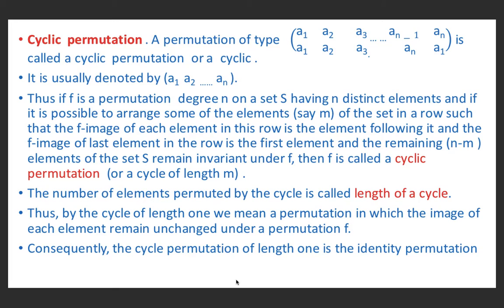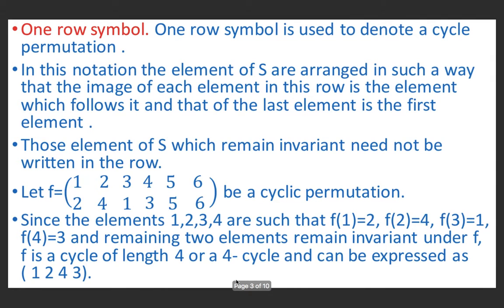The number of elements permuted by the cycle is called the length of the cycle. Thus, by a cycle of length 1, we mean a permutation in which the image of each element remains unchanged under the permutation F. So, the cyclic permutation of length 1 is the identity permutation.